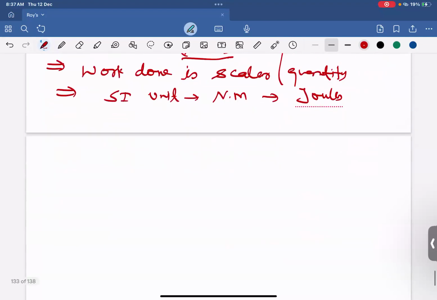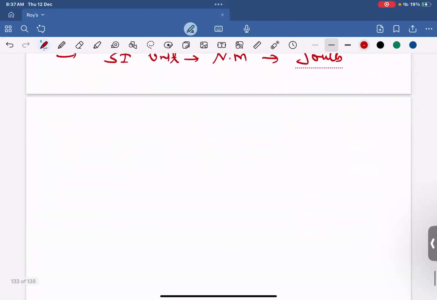If force is not constant, like here one example you can take.